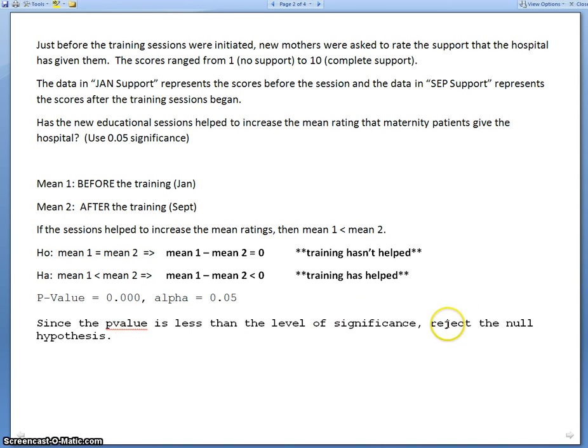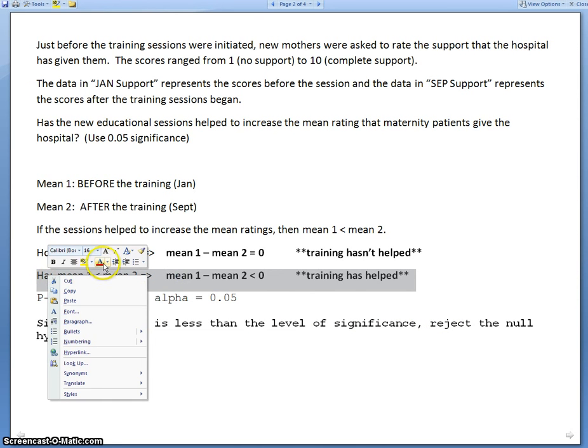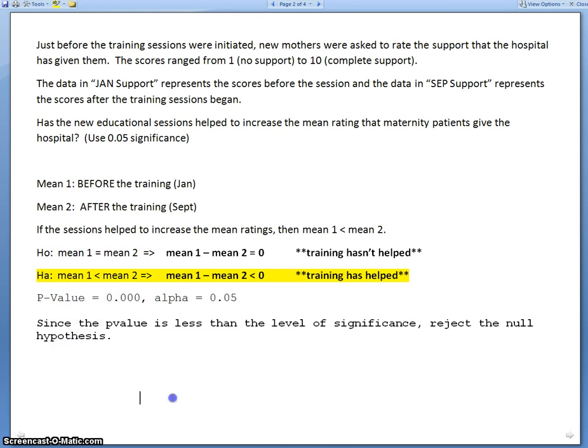Well, if we are rejecting the null hypothesis, that means there's evidence to support this right here. There's evidence to support the alternative.